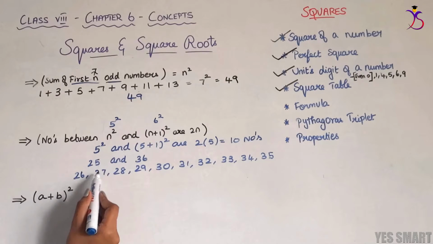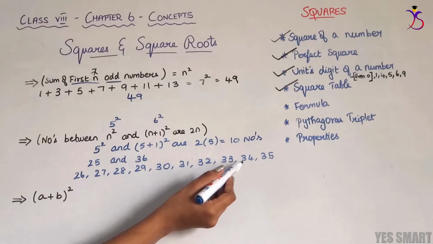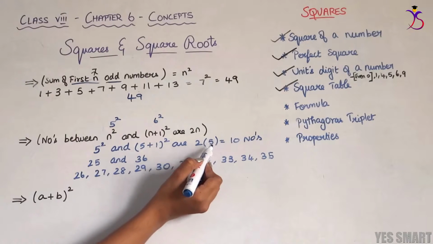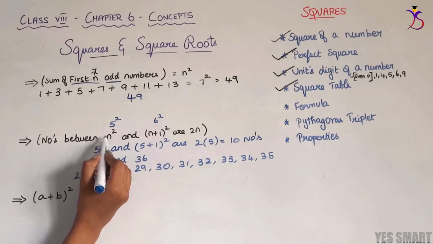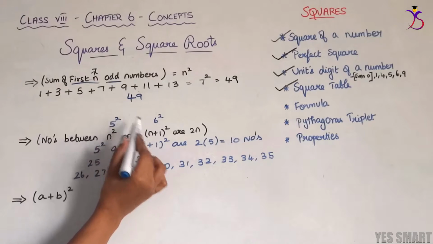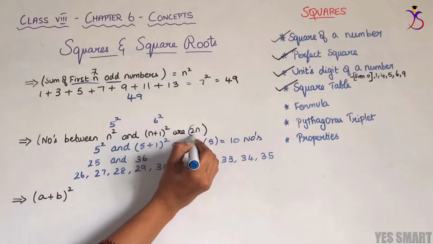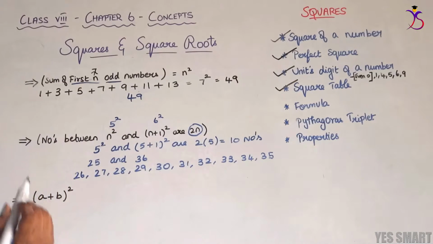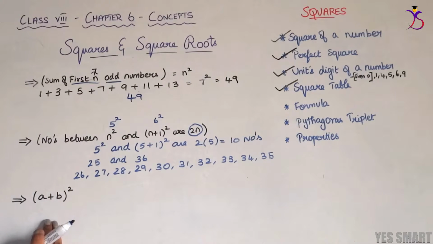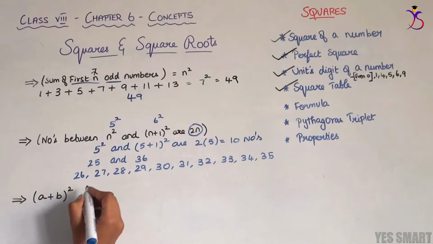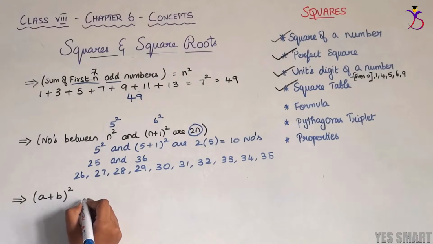If we count 1, 2, 3, 4, 5, 6, 7, 8, 9, 10. So 10 numbers. Instead of counting these, we can use this formula directly, as n square is 5 square and (n plus 1) the whole square. So 2n gives the number of numbers between the two numbers. Here 25 and 36 is very easy to count. If there is a very large number, we can use this formula to solve easily.